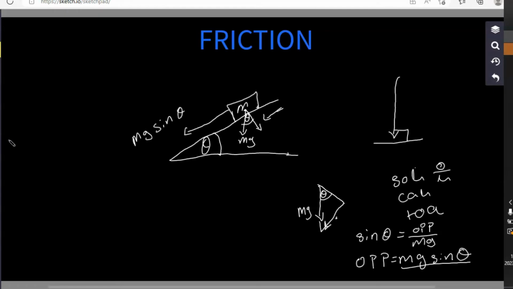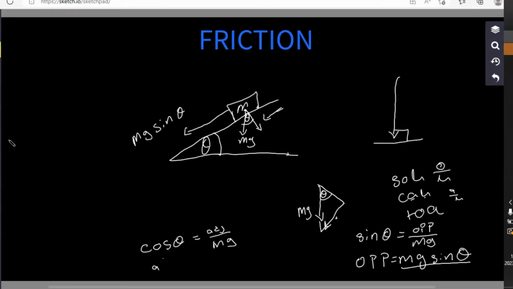And for the value of this force, we are going to use cos theta. We know cos is adjacent over hypotenuse. What is our adjacent here? It is this which we are looking for, divided by the hypotenuse, which we know by now is mg.